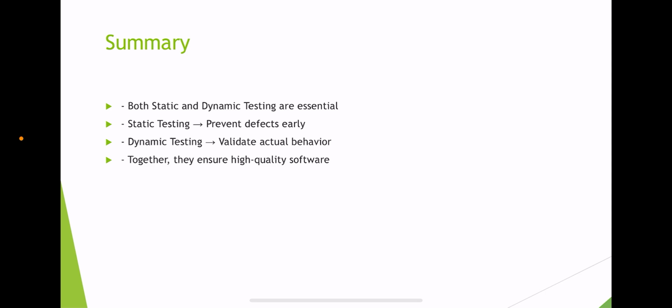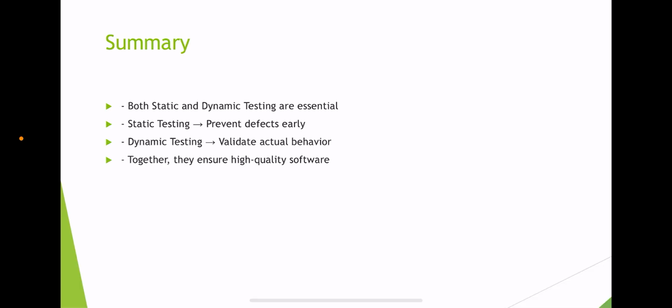Dynamic testing is related to validating the actual behavior of the system. Together they ensure high quality of the software. So both these things are very important. I hope your confusion about static and dynamic testing is cleared.